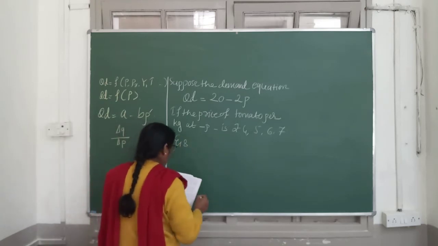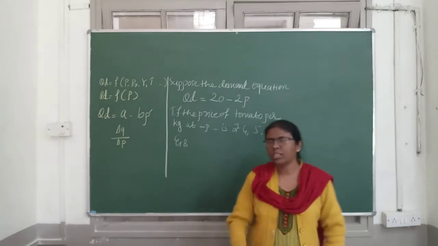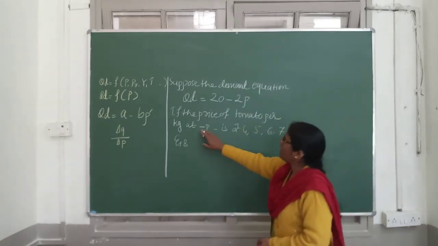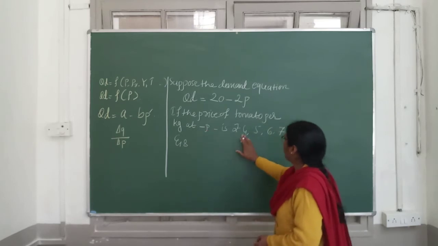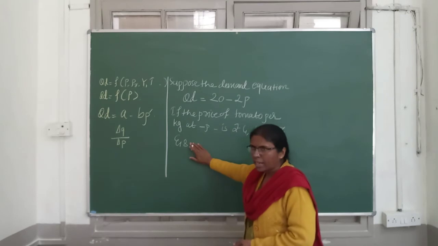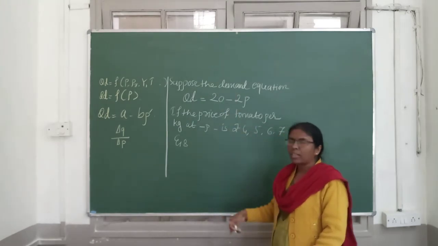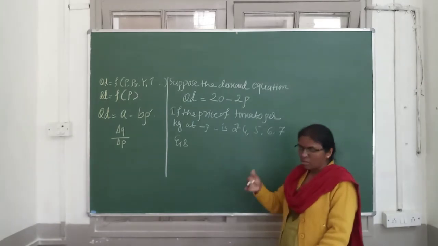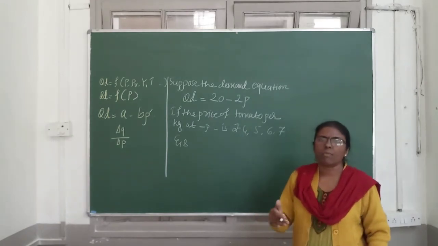Now you have to calculate the demand schedule. This is the example. If the price of tomato per kg is 4, 5, 6, 7 and 8, then how to calculate the demand schedule? That is the very interesting point. Now let us try to calculate the demand schedule.